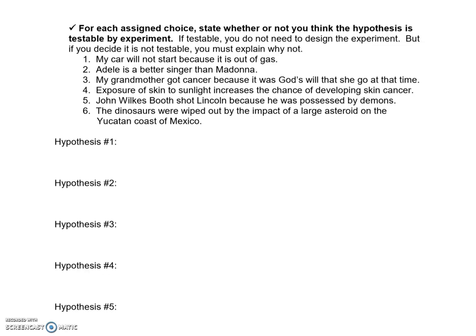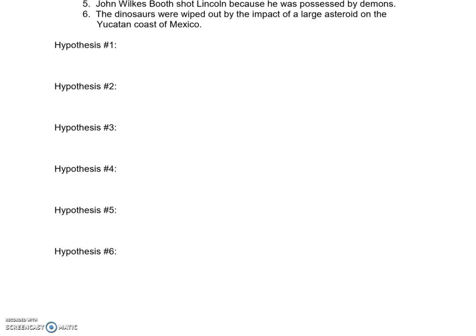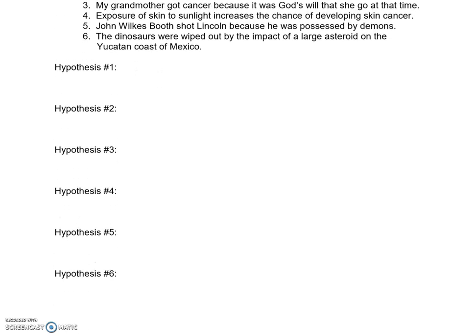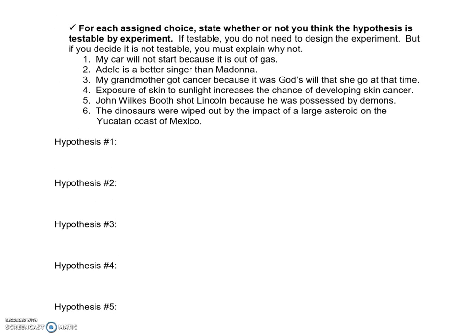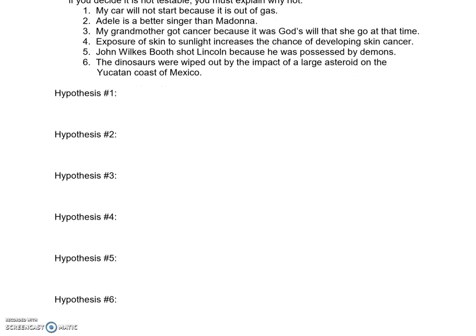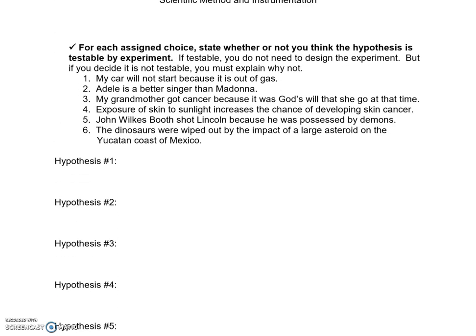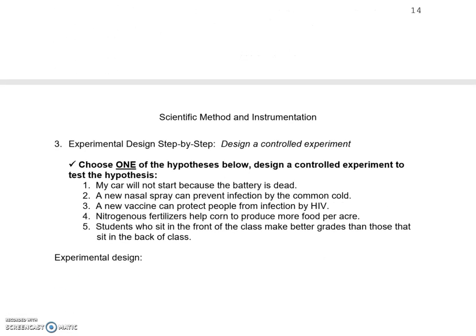So as long as it's measurable, then it is testable and it's a good hypothesis. If it's not testable by experiment, then it's not a scientifically valid hypothesis. So you should practice that and come up with some ideas of how you would test those kinds of statements that are given there, these observations.